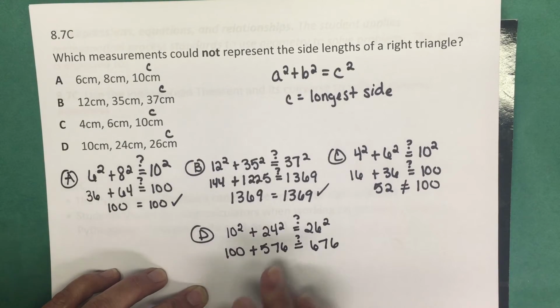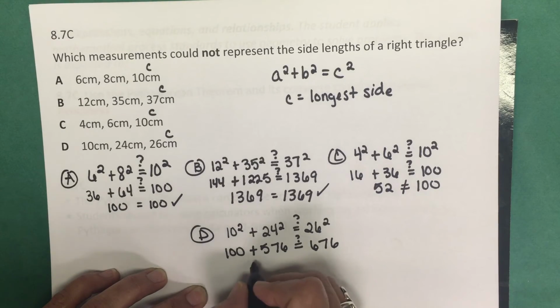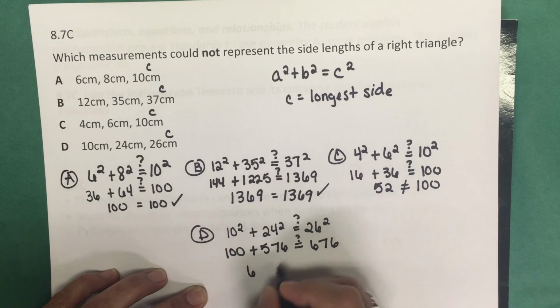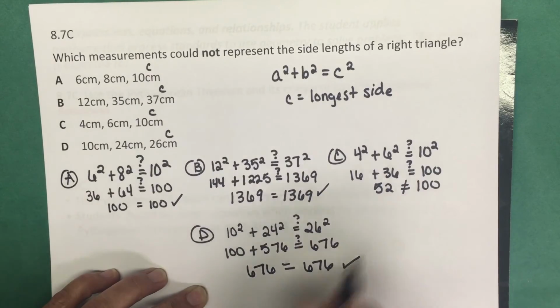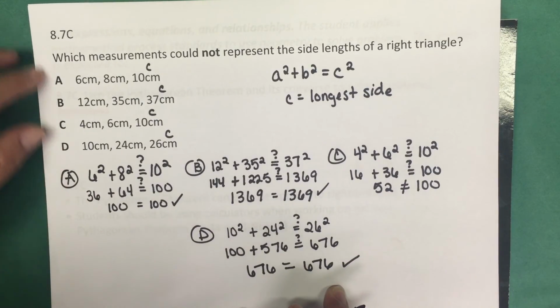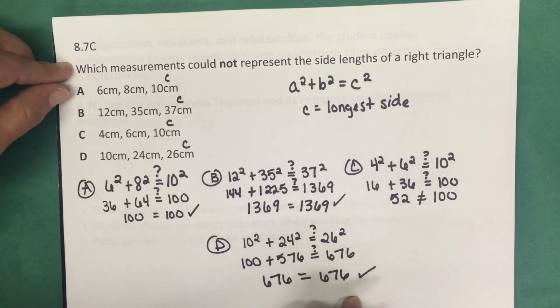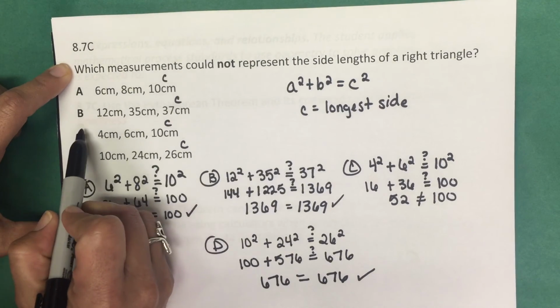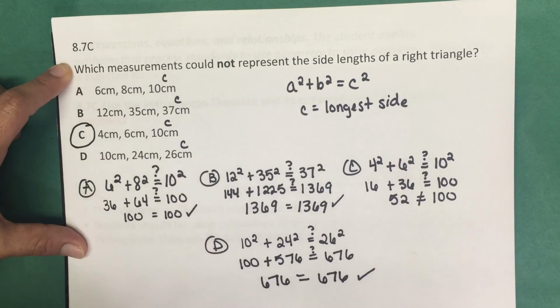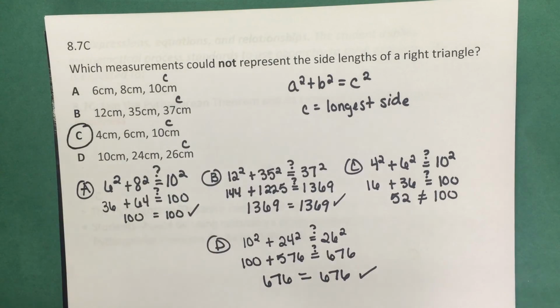We simplify the left side of the equation: 100 plus 576 is 676, which does equal 676. So that means we do have a right triangle. So the side lengths that do not represent a right triangle are the side lengths in answer choice C, because they do not work in the Pythagorean theorem.